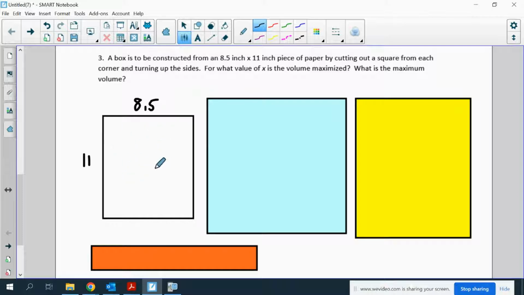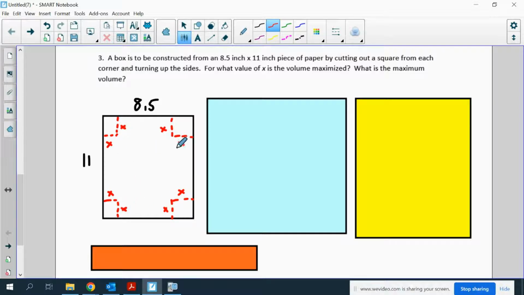So if we take a piece of paper and we cut squares out from each of the corners that are equal sized, let's call each of these cuts of length x inches.